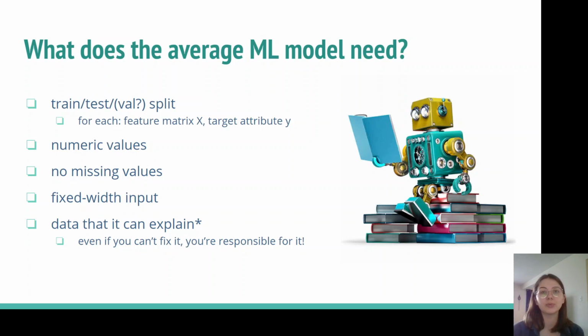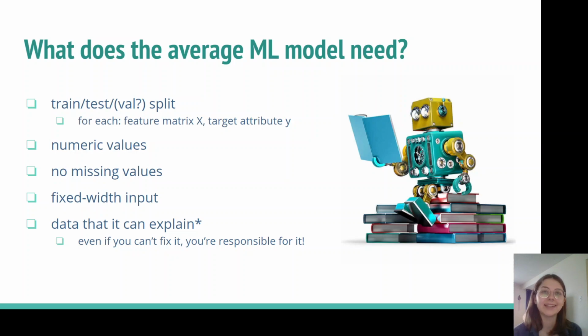So we need to perform certain types of treatments to either drop the rows with missing values or to impute the values by inserting some unoffensive value that is not going to impact the performance very much. We also need fixed width inputs, so that's what I was saying with longitudinal data.